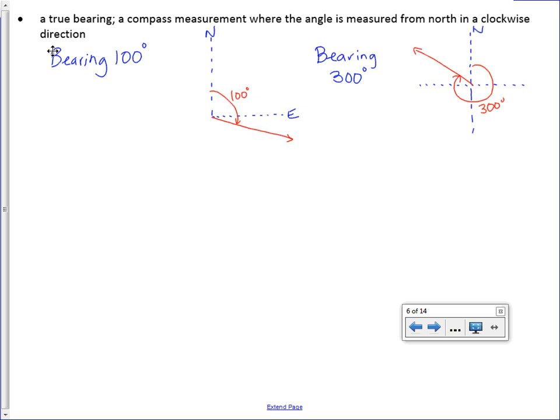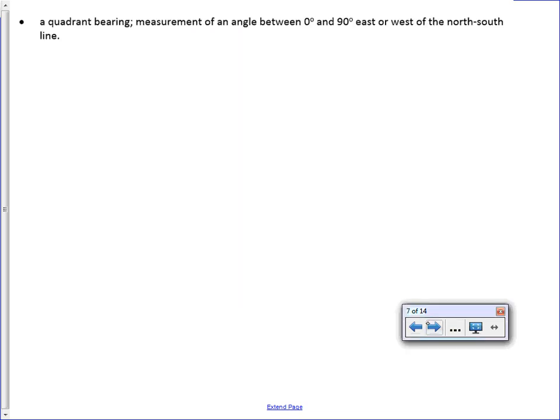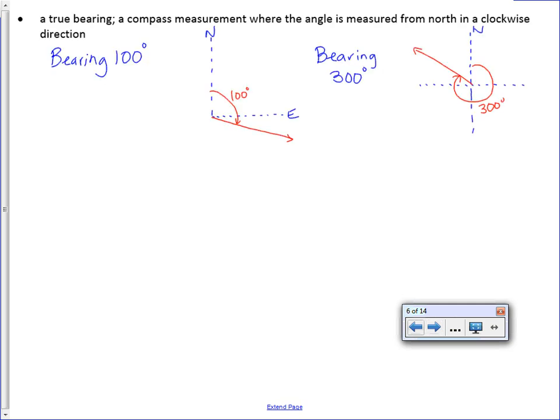The one that you're probably more familiar with is this third option. The third option is a quadrant bearing, measurement of an angle between 0 and 90 degrees east or west of the north-south line. So I want you to look at the 2 pictures we just did here.